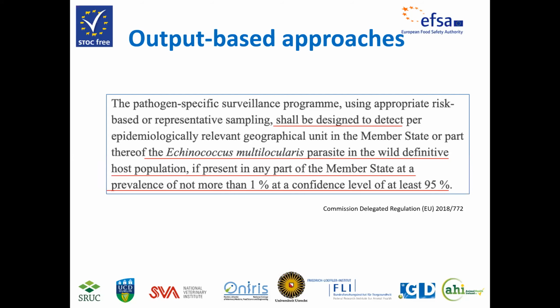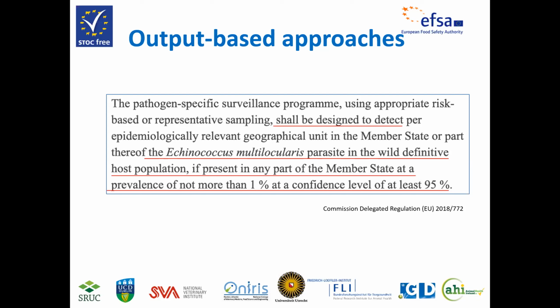And to give an example of this, again from EU legislation, but this is current legislation, and it relates to Echinococcus multilocularis, and it speaks to the preventive health measures that need to be taken, particularly for those countries that are believed free of this parasite.